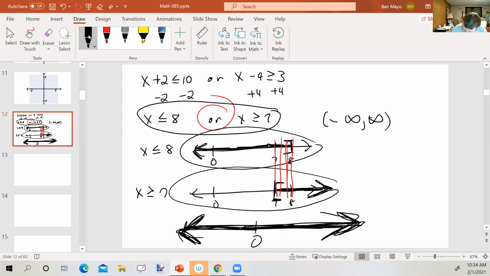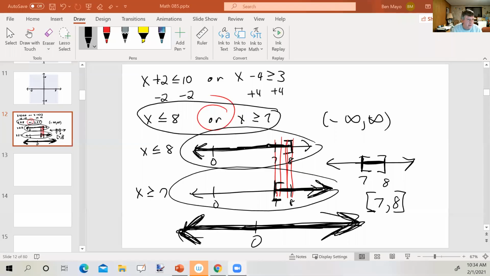So the graph would look like this: bracket at 7, bracket at 8, and interval notation would look like that. Brackets, because it includes 7 on up to it includes 8. Any questions about that problem before we go on?